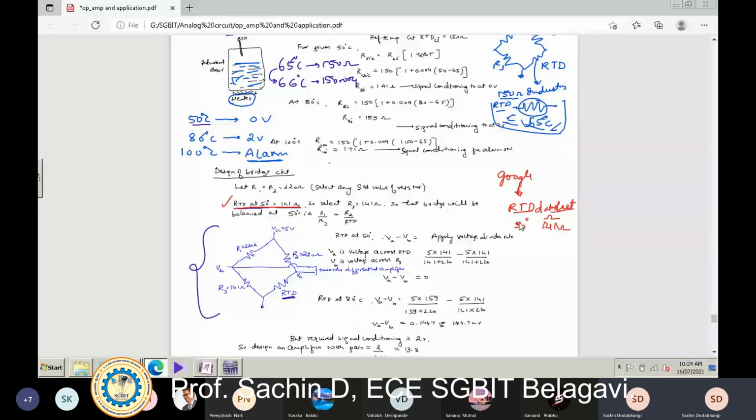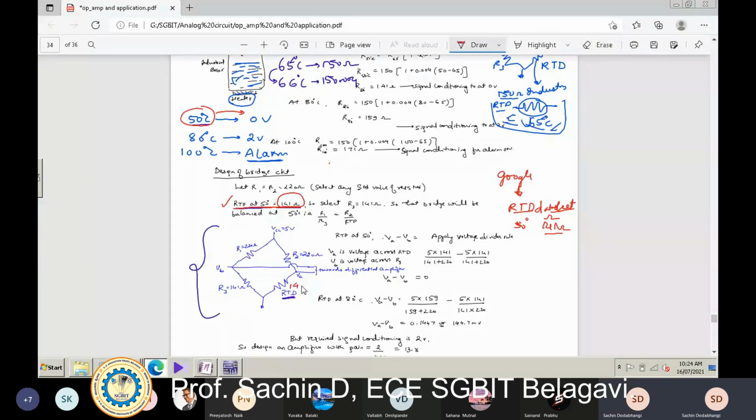Because what I require is that 50 degree centigrade should give 0 volt. So I'll take RTD at 50 degree centigrade as 141 ohm. If it is 141 ohm, here in this bridge circuit also I'll select 141 ohm.